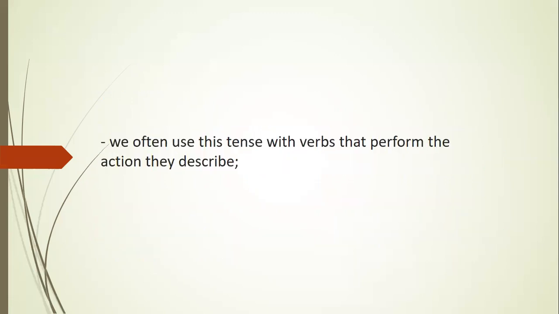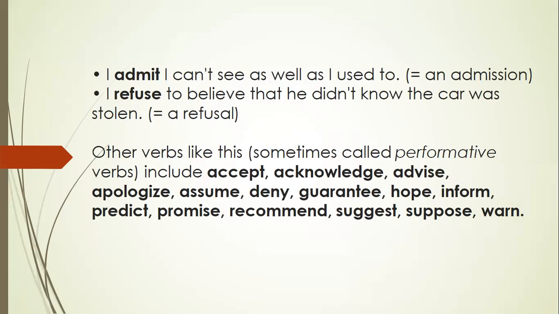We often use this tense with verbs that perform the actions they describe. We call this kind of verbs performative verbs. For example, I admit I can't see as well as I used to.